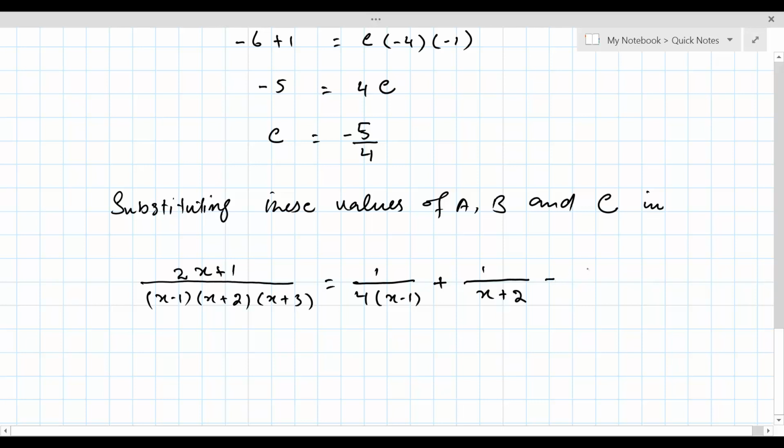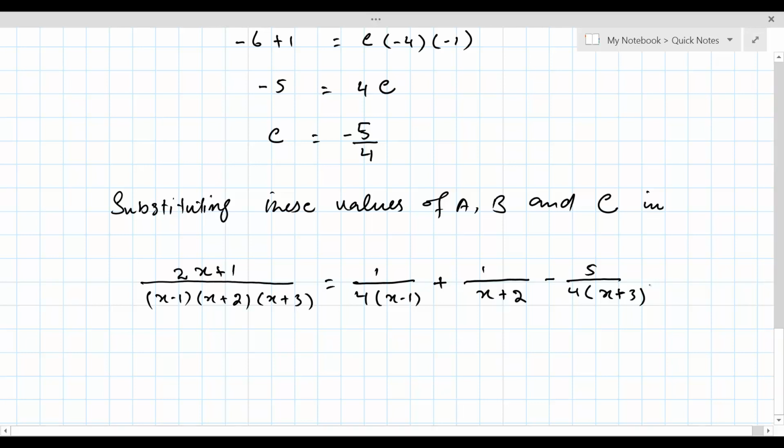So this is minus 5 divided by 4 into x plus 3. And here you can see we have converted a complex rational expression on left hand side into simpler expression on right side, whose sum is equal to the expression on left side.